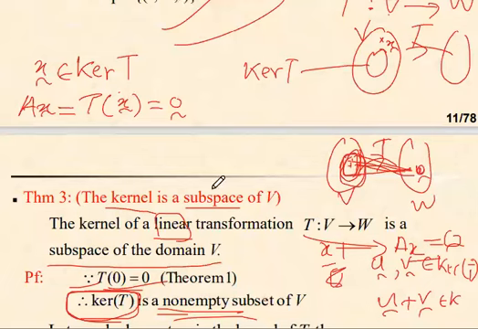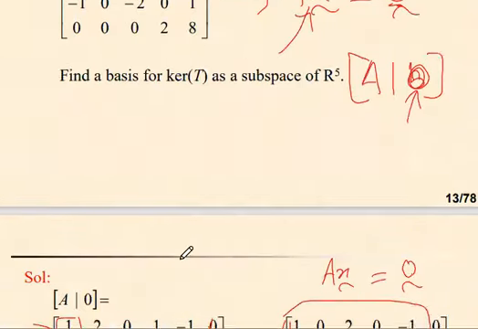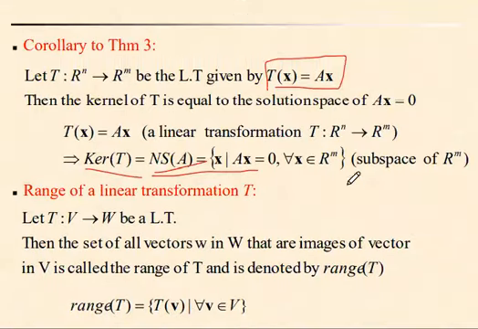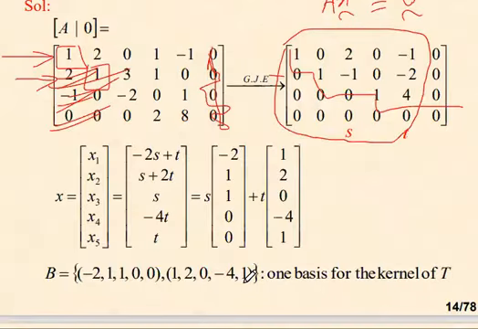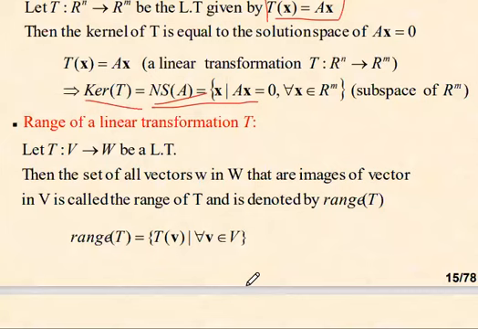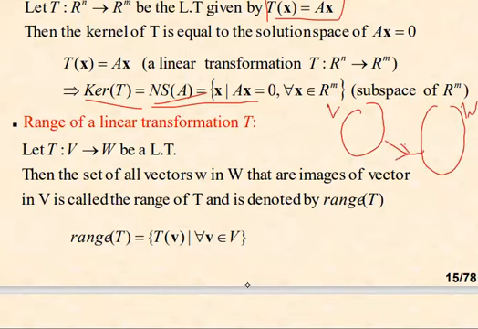All right, let's move on. Now we are going to talk about the range of a transformation. Let's draw that. A transformation means a relationship between two vector spaces V and W. This V is called the domain, and W is called the codomain.